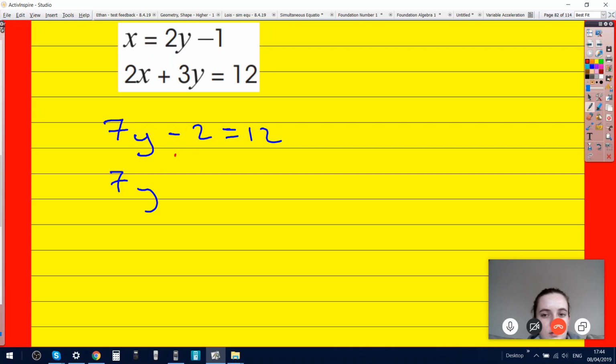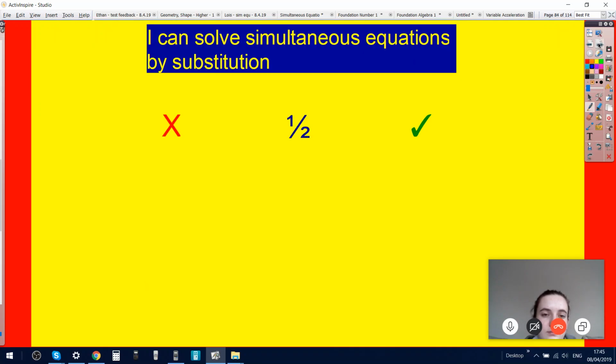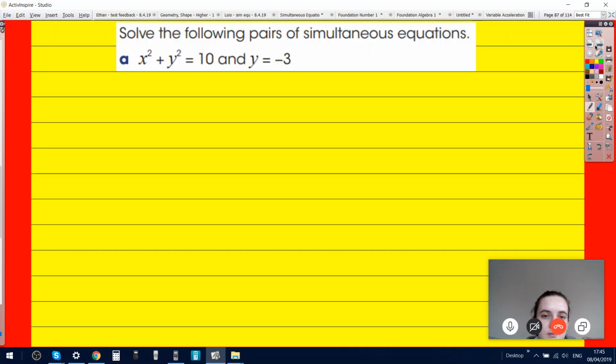Hold on. Oh, 7y equals 14. So y equals 2. Then x is 3. Yeah. This one.